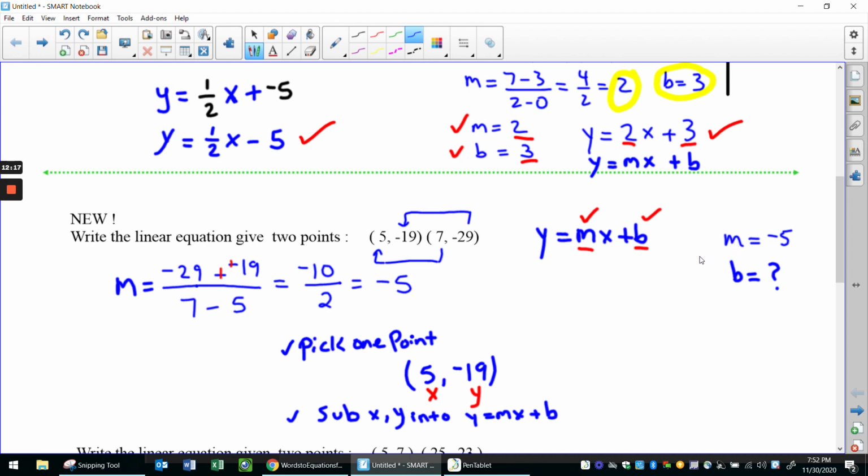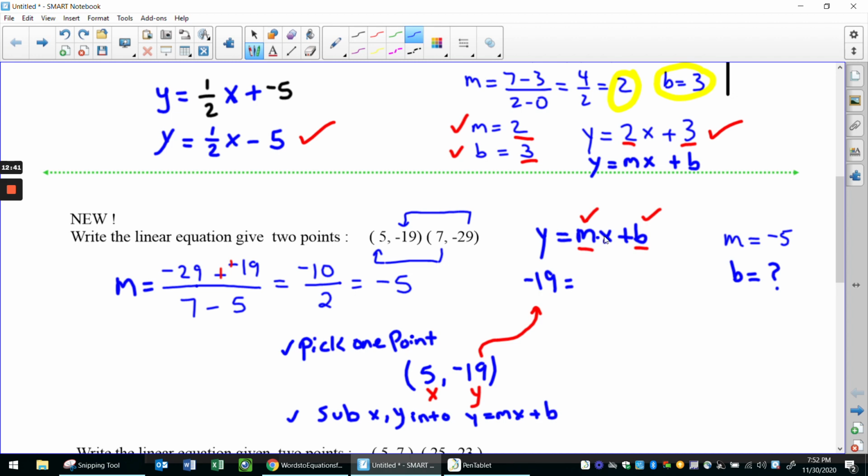And this is what happens. So watch what I'm doing here. So instead of the y here, okay, I'm substituting negative 19 right here. So I'm putting in negative 19 instead of y, okay? Instead of the slope here, remember this is m times x, right?